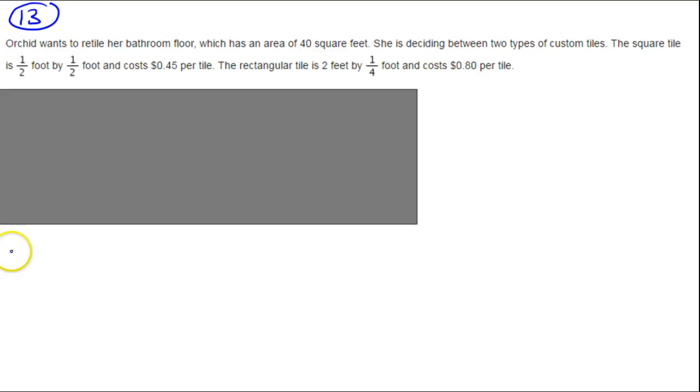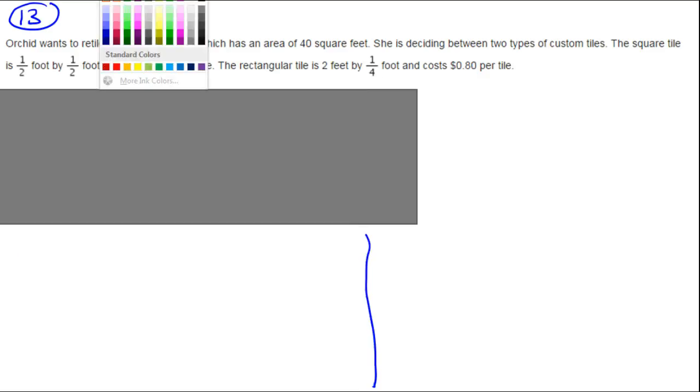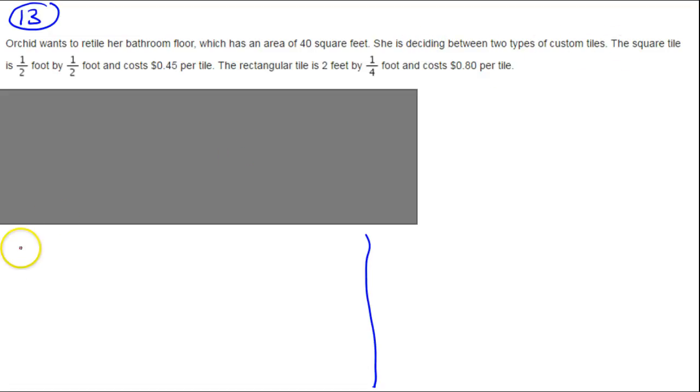I'm going to split my work area right here. On the left side, let's do the square tile. What do we know about the square tile? It is 1/2 foot by 1/2 foot.